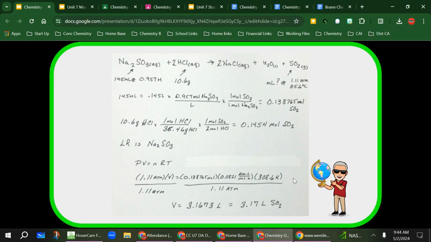In excess means we got too much of it. It's what we were doing before this, like, how many grams of blah blah are produced in this reaction. So all we're doing in reality is two problems at once here.